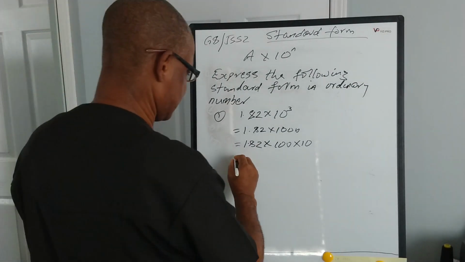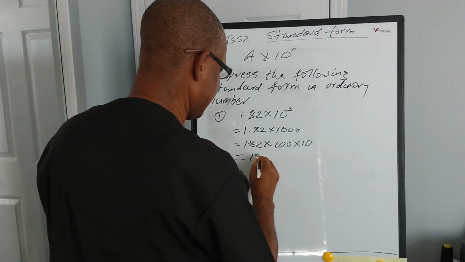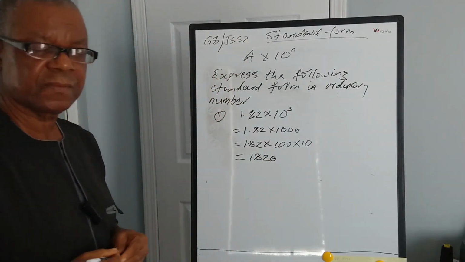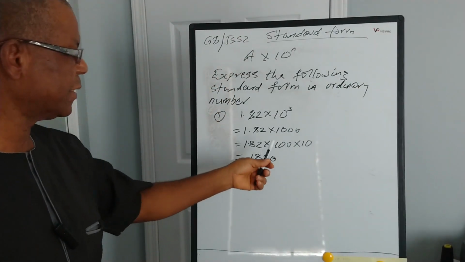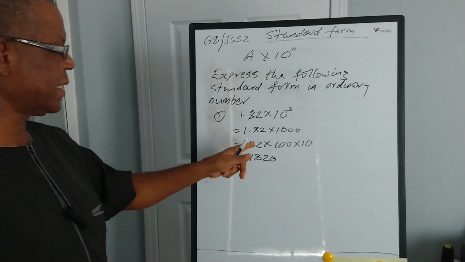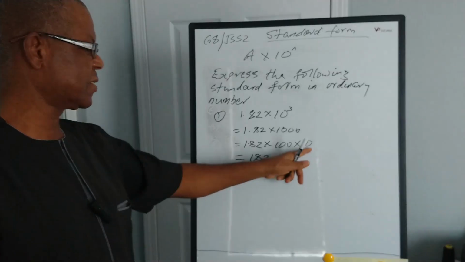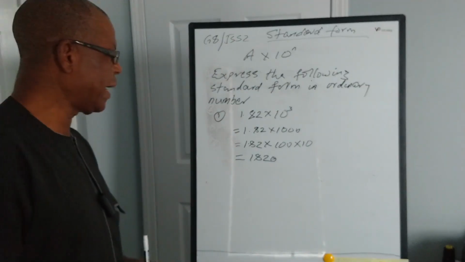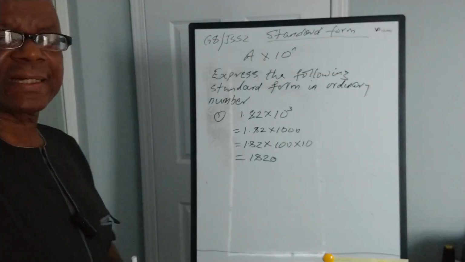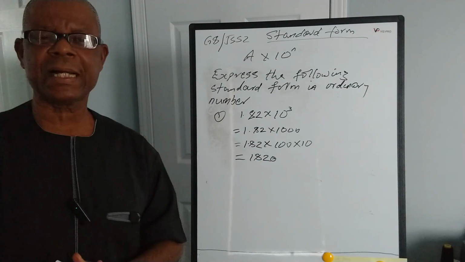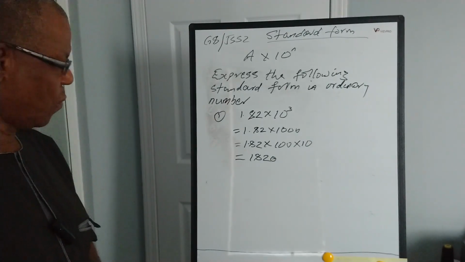And so this will now give us 1820. Remember, we have 3 zeros and we have 2 decimal places. 2 zeros will take care of the 2 decimal places, and we still have 1. That is why we have this. So the ordinary number of 1.82 times 10 raised to power 3 as a standard form has given us 1820.